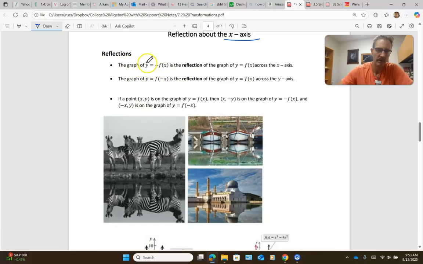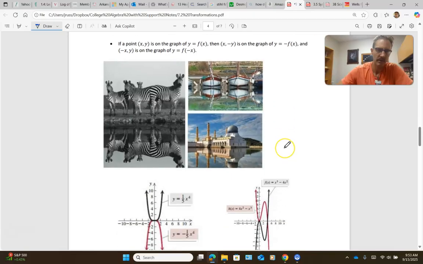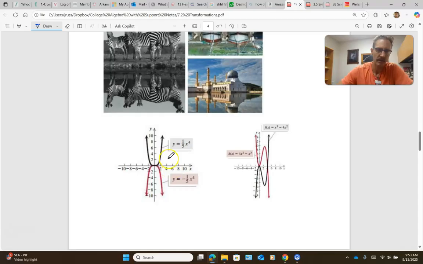It says the graph of y equals negative f of x is the reflection of the graph y equals f of x across the x-axis. Here's some examples again.